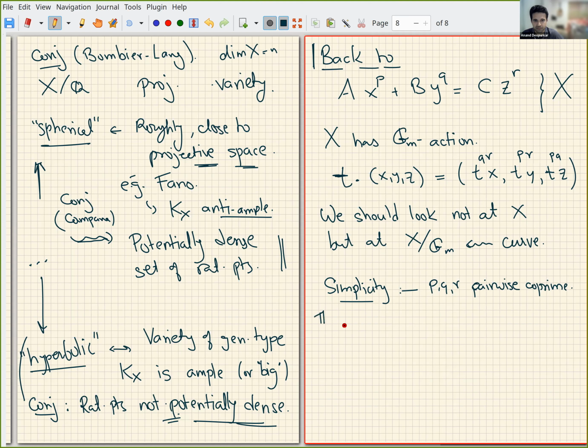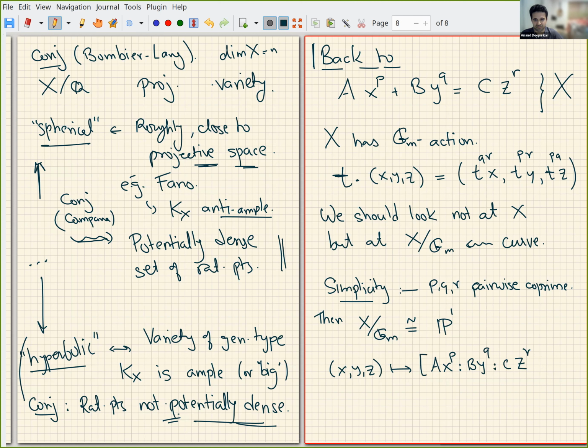Then the quotient is just P1. Remember, X does not include the origin. So X mod GM is P1, and what's the map? The quotient map is given by X, Y, Z goes to A X to the P, B Y to the Q, C Z to the R. This looks like a point not of P1 but of P2, which is true.